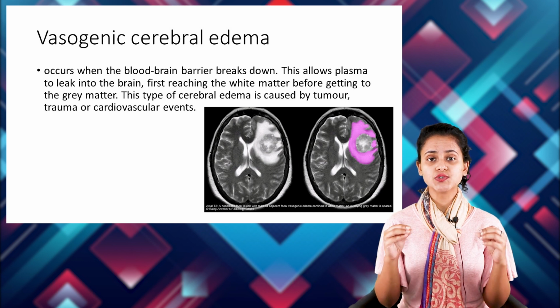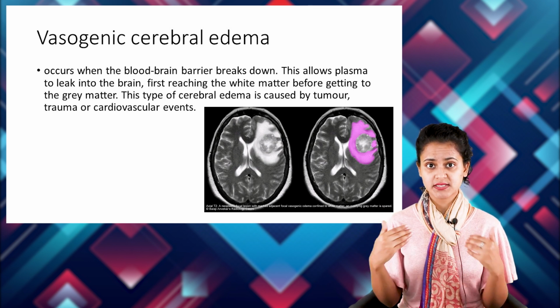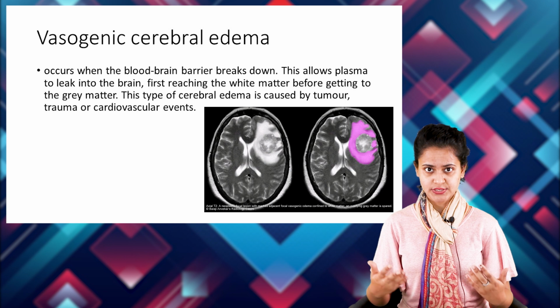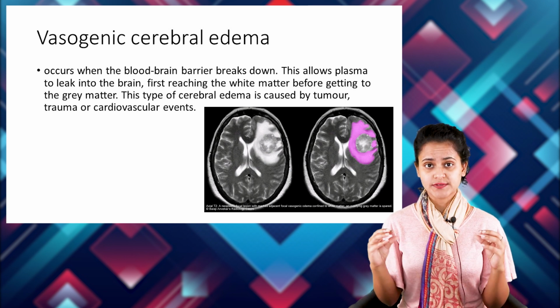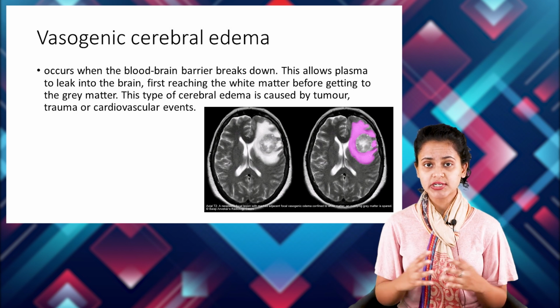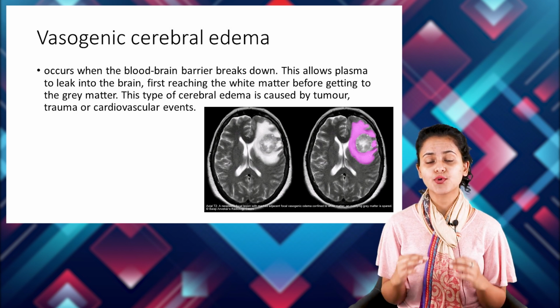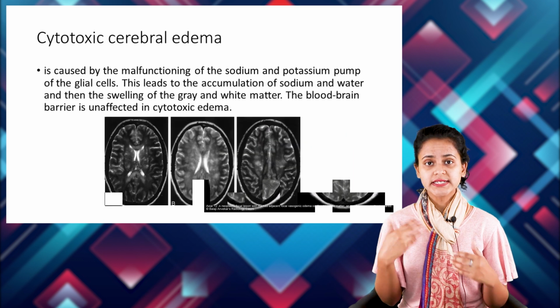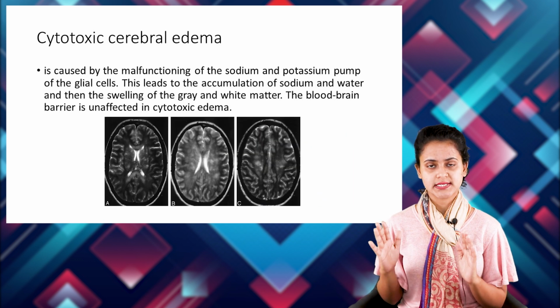So basically, vasogenic cerebral edema often starts with the white matter of the brain. This type of cerebral edema is caused by a brain tumor, a direct traumatic injury, or a cardiovascular event.